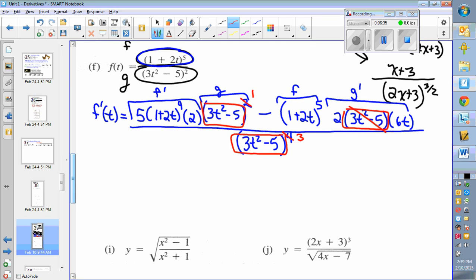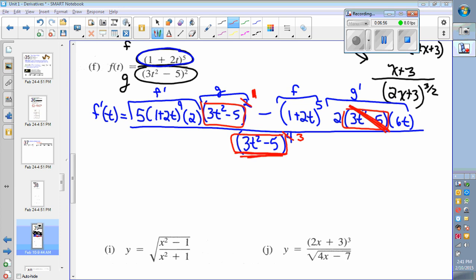And so the 3t squared minus 5 is only to the 1. This 3t squared minus 5 is gone. And one of the 3t squared minus 5's in the denominator is gone. 4 became 3. Okay, so we get rid of that common factor.